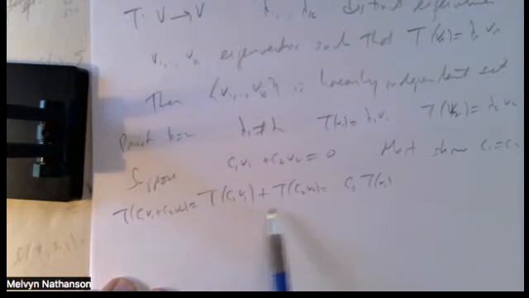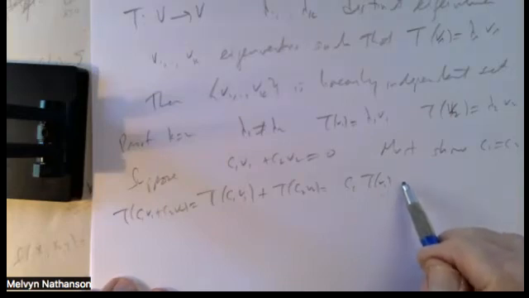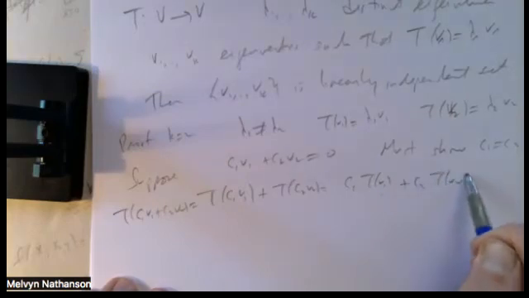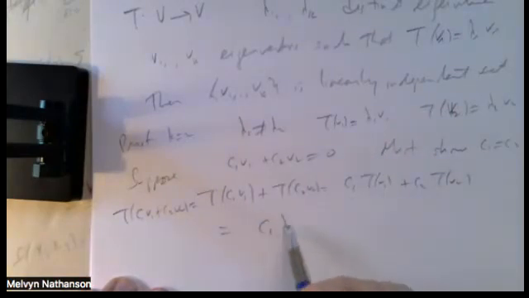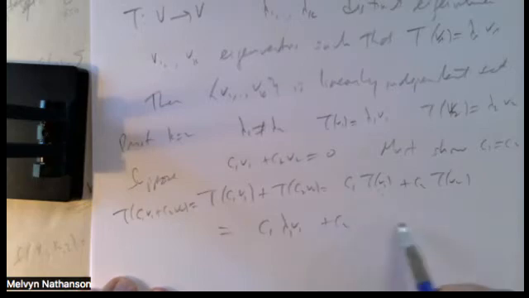T of v_1 is lambda_1 v_1, and T of v_2 is lambda_2 v_2. But this is the 0 vector, so this equals 0. So I have this linear equation. I also have this linear equation.